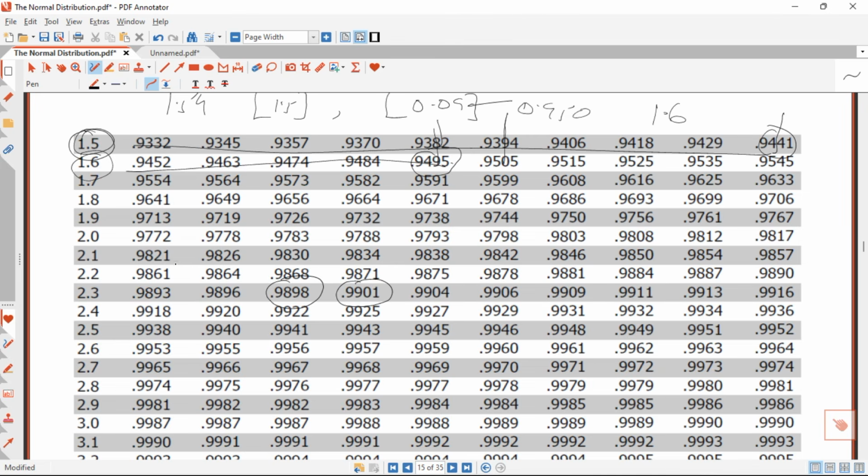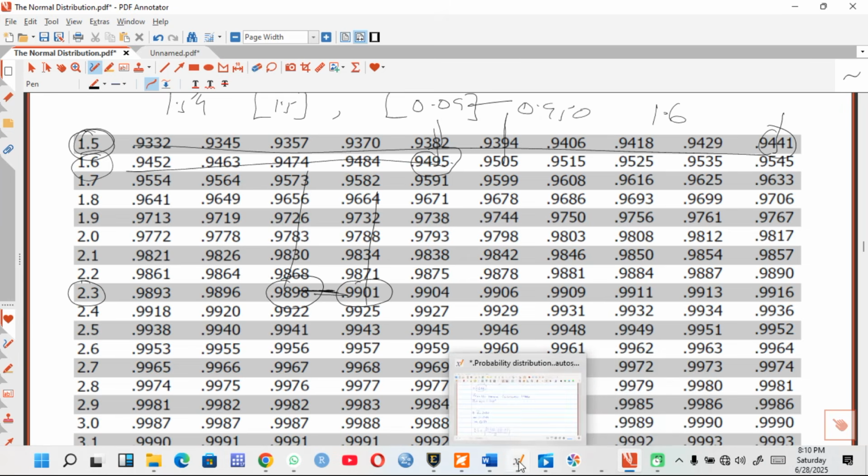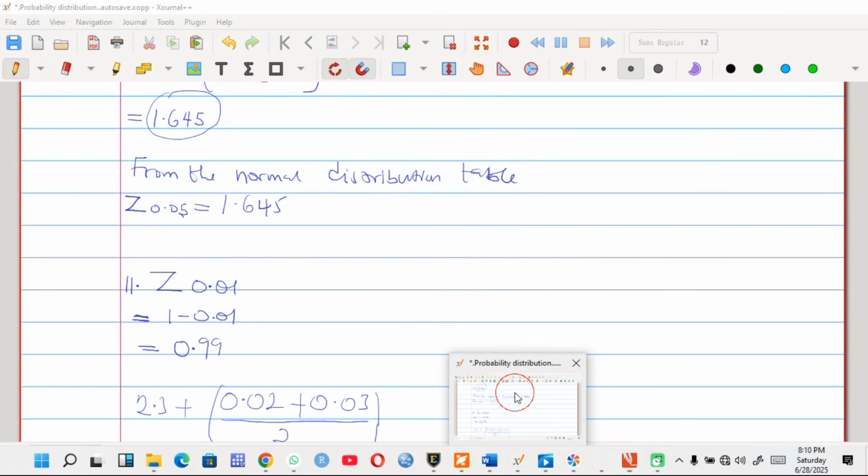It's just lying in between this one. You just trace to the row, and then trace to the column, and then find the midpoint of the column, and then just divide it by 2, right? And then add it to 2.3. So that is what we have done here, right?